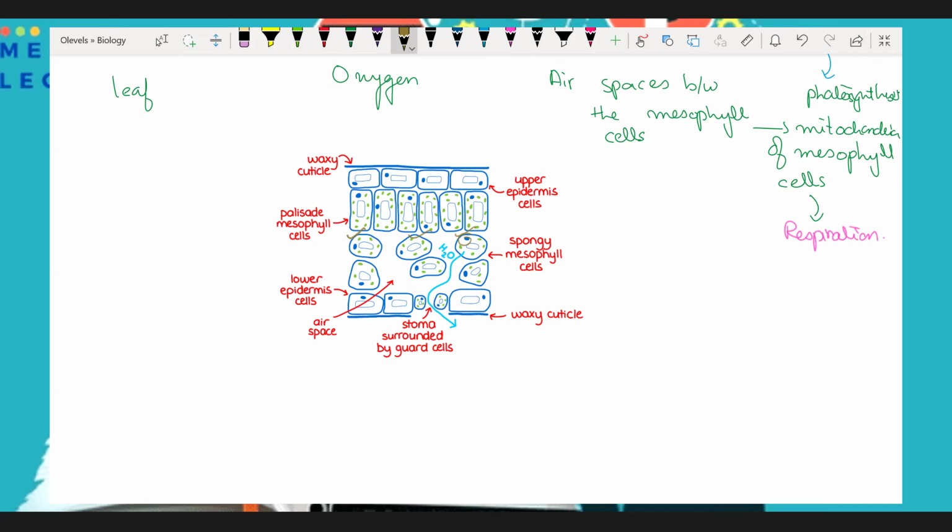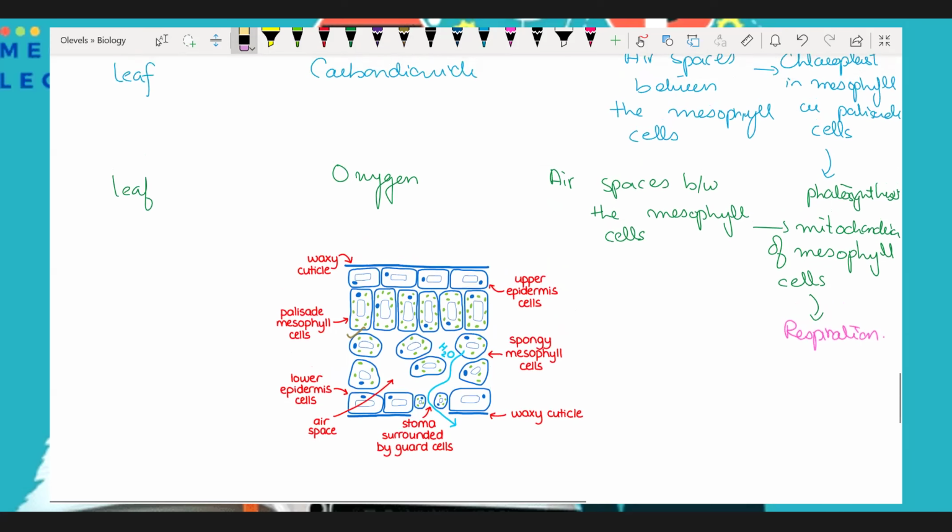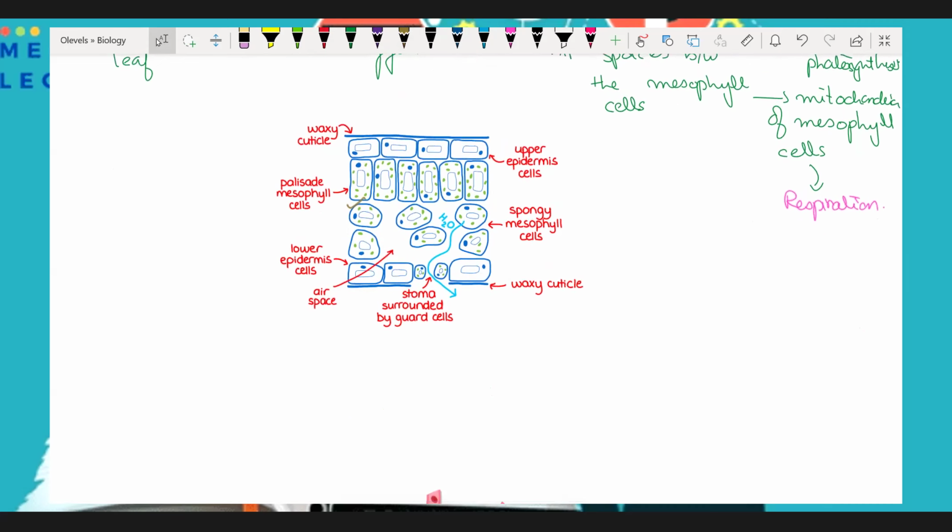Okay, I was telling you that the carbon dioxide and oxygen are also diffused inside this plant structure. Let's consider that here we have the empty spaces between the spongy mesophyll cells, right?